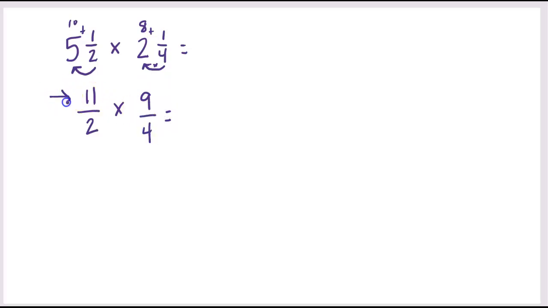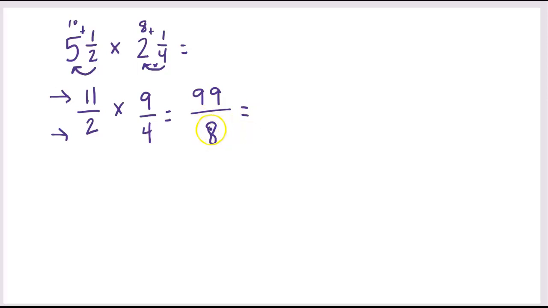Then I multiply straight across. 11 times 9 is 99, over 2 times 4 is 8. Whoops, my pen messed up. So now I'm looking at how many times can 8 go into 99, or what times 8 gets me at or close to 99. So I know immediately that 8 times 11 is 88.